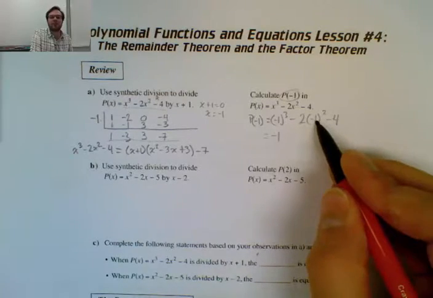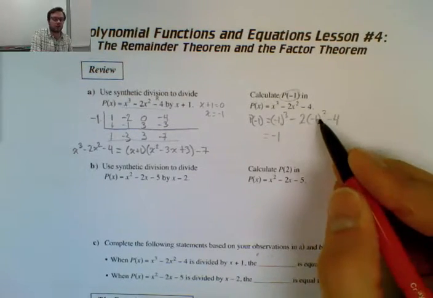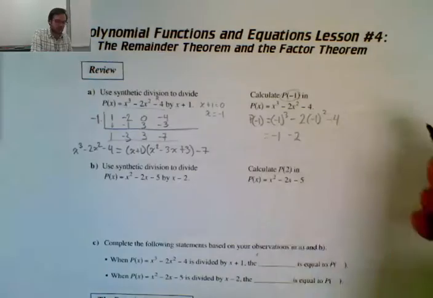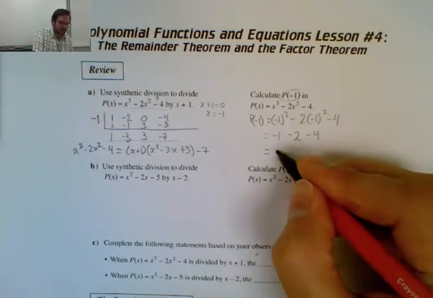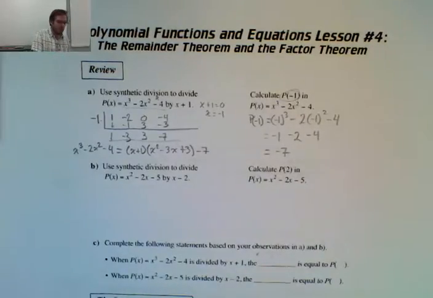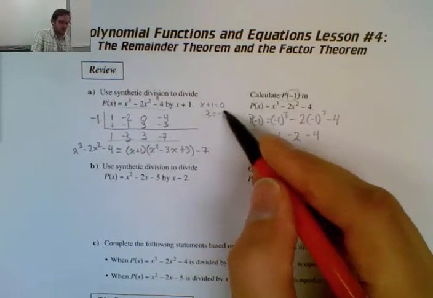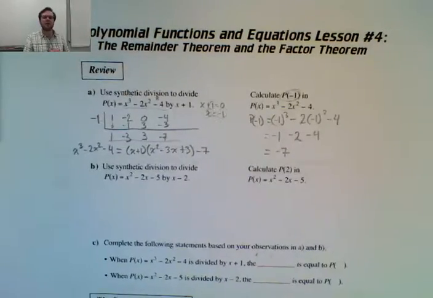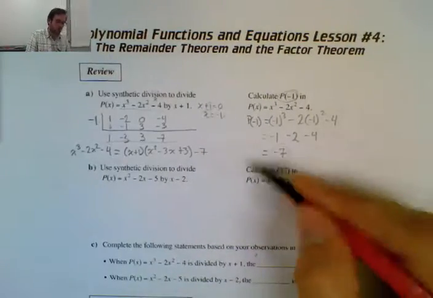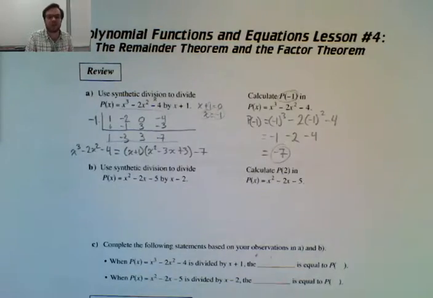Negative 1 squared is positive 1, so negative 2 times that is negative 2. And we subtract 4. We combine all these together, I get negative 7. So by putting in my value and solving it, we end up getting the remainder.